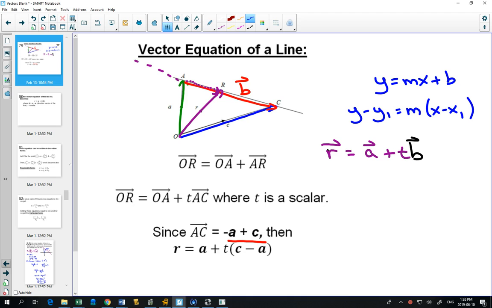It was called the point slope form. The point slope form said plug in the slope and plug in any point. And then almost always we had to rearrange it to get it into y equals mx plus b or a different form. But a vector equation of a line is probably most similar to your point slope form. Because in the point slope form, you needed the slope and a point. In a vector equation, you need any position vector and a direction. The direction is like your slope. The position vector is like any point.